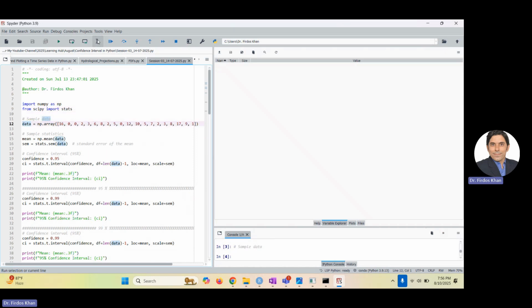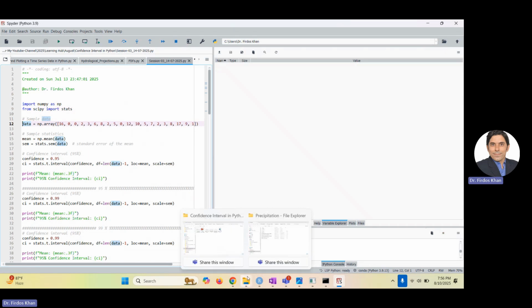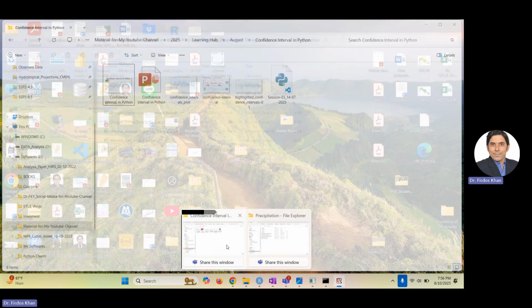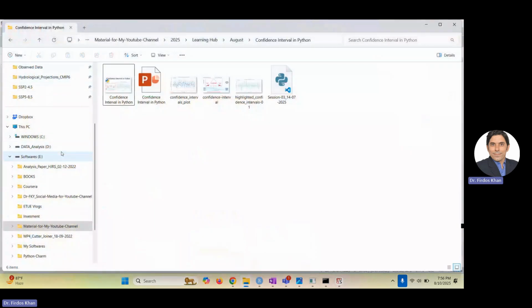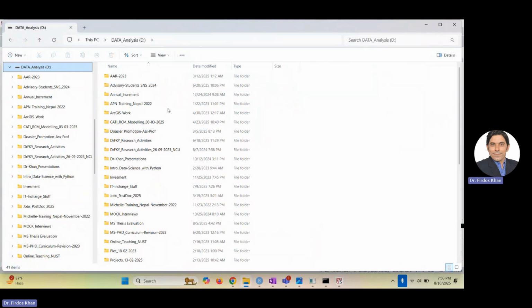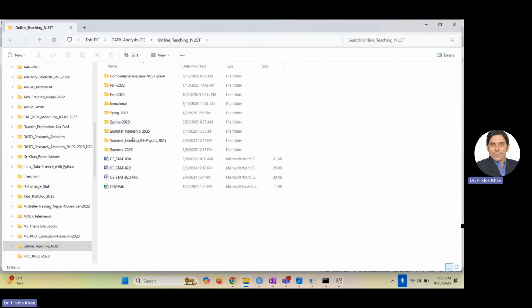Sorry, I forgot. I will just need to open the book from which I took this data. Example data, I need to open that. Just wait. I'd like to open the book, because that's very important to know how we can solve the problem from the books.